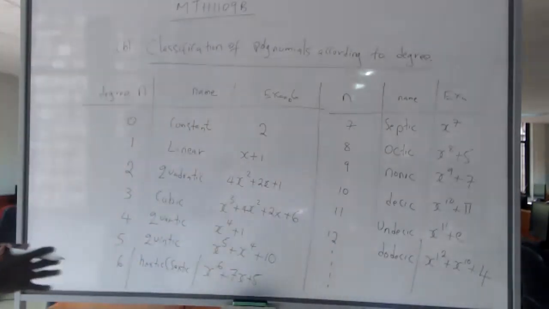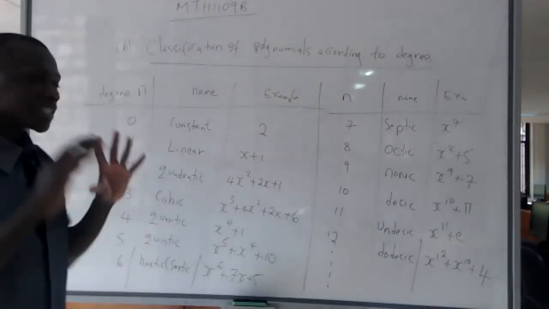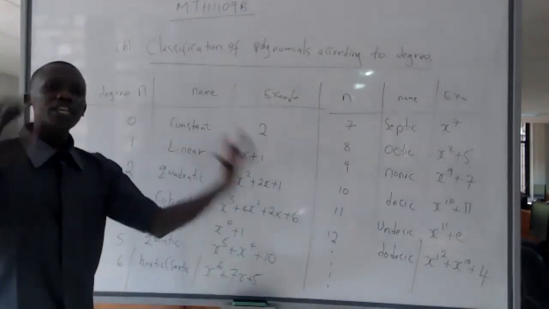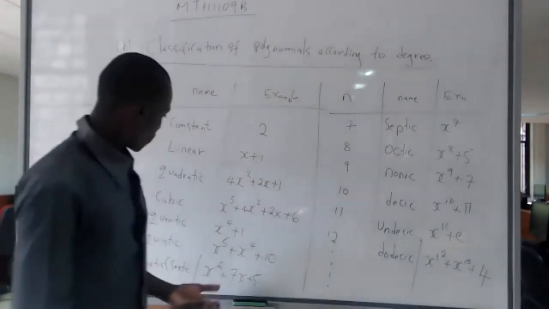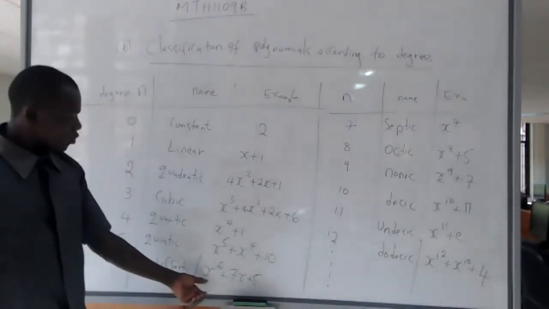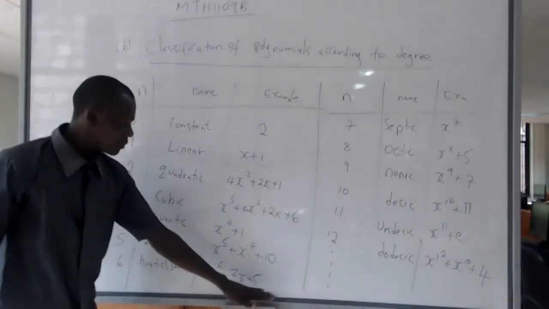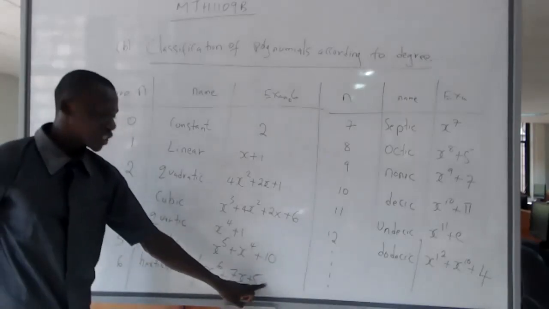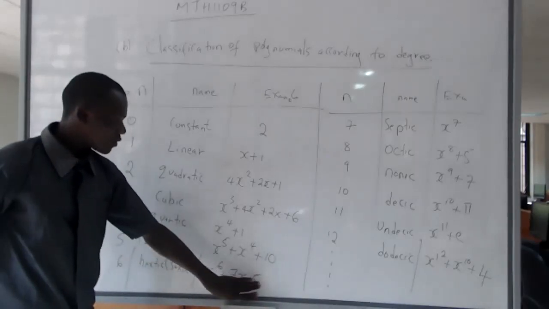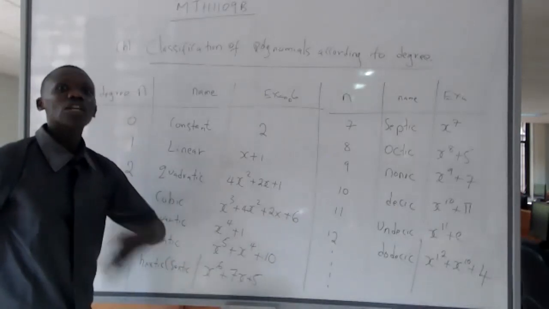We only consider terms that have non-zero coefficients. The ones that have 0 coefficients are ignored. For example, in this case, you could have maybe 4 more terms, but all of them have 0 coefficients. For example, there is no x squared term, there is no x cubed term, there is no x to the 4th term, there is no x to the 5th term. It means all their coefficients are 0.